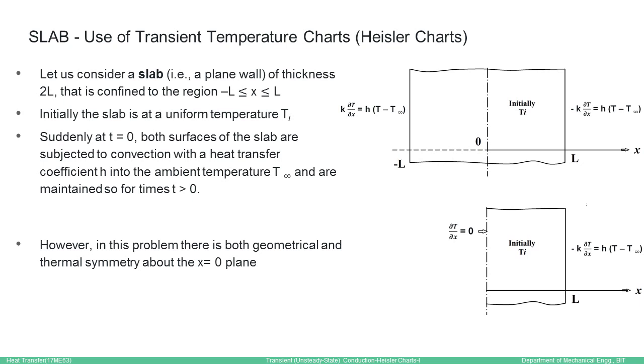You can take only the right half within the region x equal to 0 to x equal to L. In that case, we can consider the center line condition as del T divided by del x equal to 0. That is, there is no temperature gradient at the center line, and on the other side, that is at x equal to L, the given boundary condition is considered.